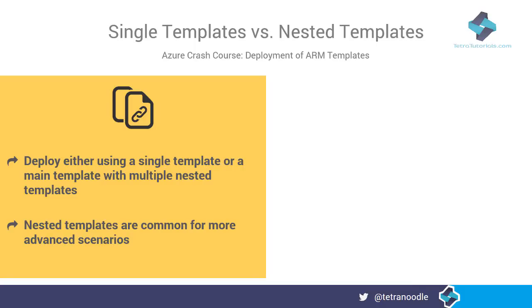Nested Azure ARM templates are very common for more advanced scenarios, and by advanced scenarios, we mean scenarios where you want to deploy more than one simplistic virtual machine. There may be a bunch of databases, virtual machines, queues, and so forth for a complex environment.